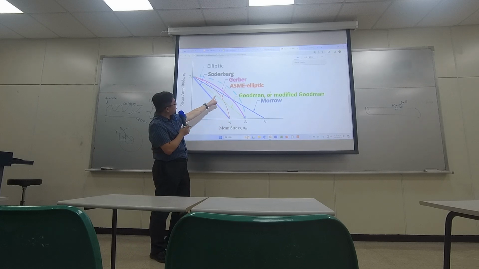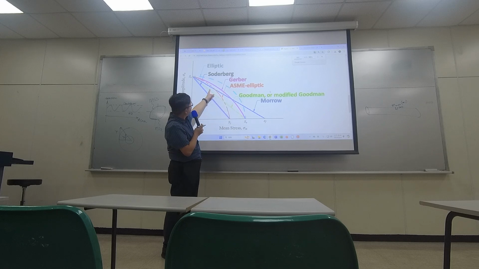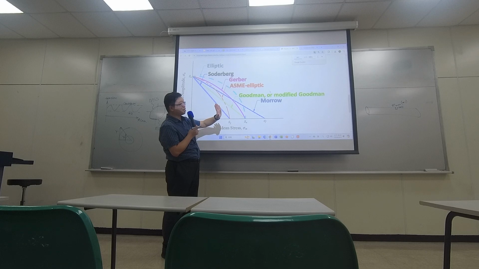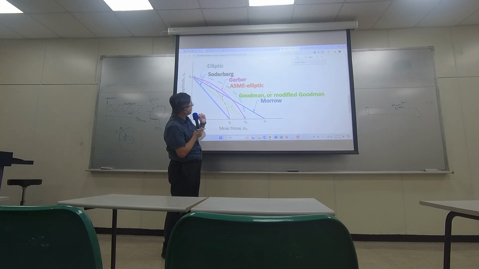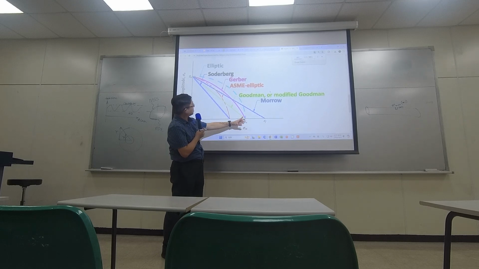There's a different model called Gerber. Gerber also uses a curve, but not elliptical. I don't remember the equation, but it is another curve. Gerber is more aggressive, using the ultimate tensile strength as the upper limit.